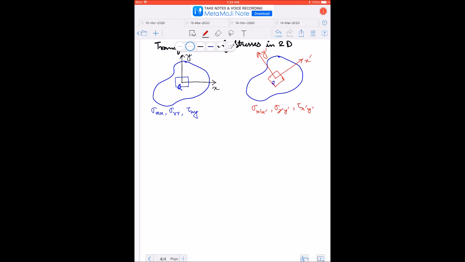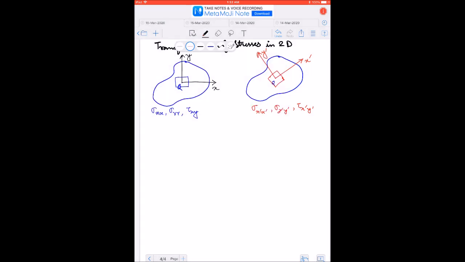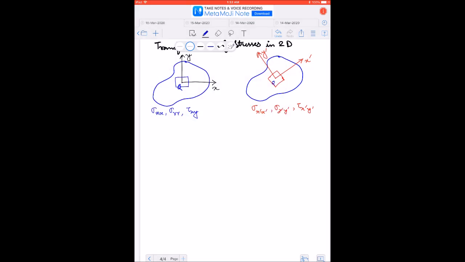So let's do that. We'll consider a side like this and a side like this, but we are not going to complete the square.